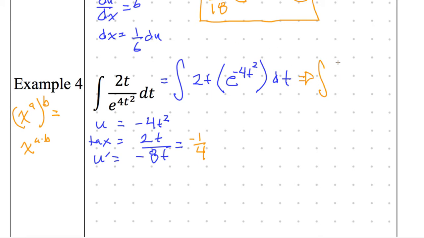Integral of, what is the TaxPan version of this problem? -1/4 times u to the... It's not quite u. All right, well, can I substitute out the e?